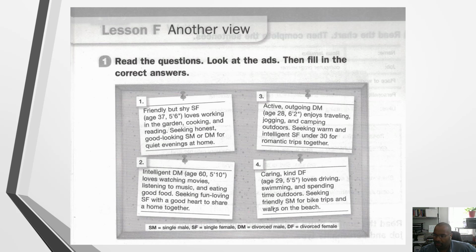Seeking friendly SM, or single male, for bike trips and walks on the beach. Okay, so now we understand what this board is about, a dating board, and what the acronyms mean: SM, SF, DM, and DF. So now we can go to the second half of the page and answer some questions.